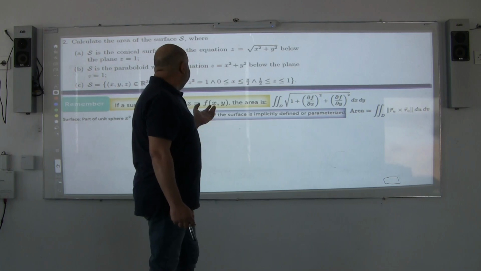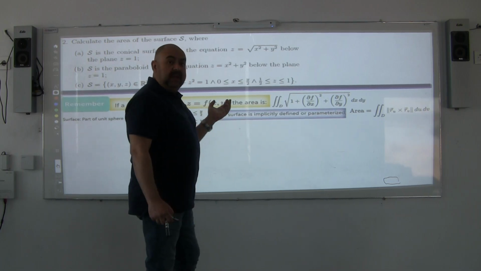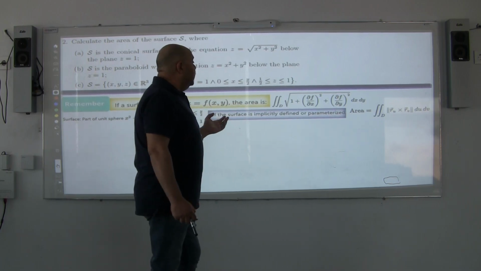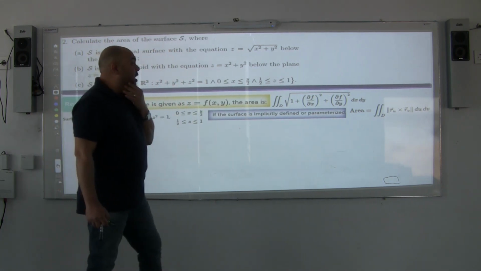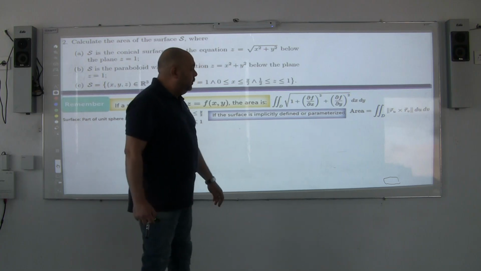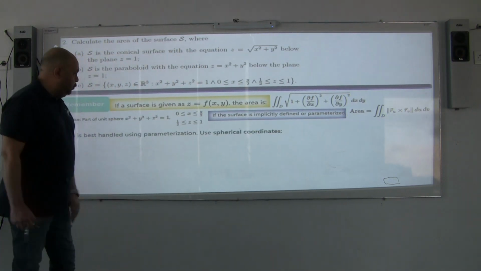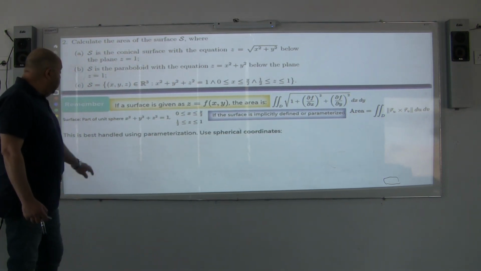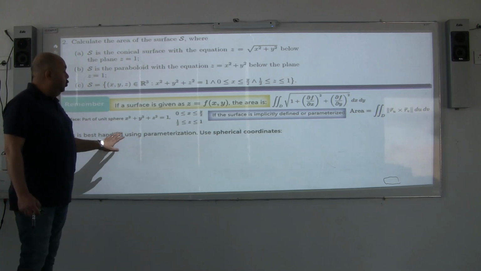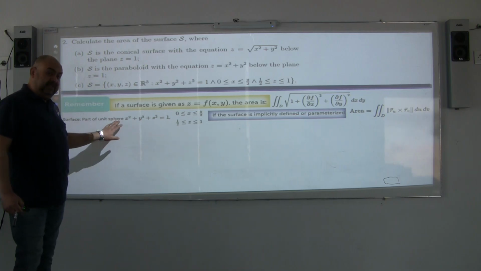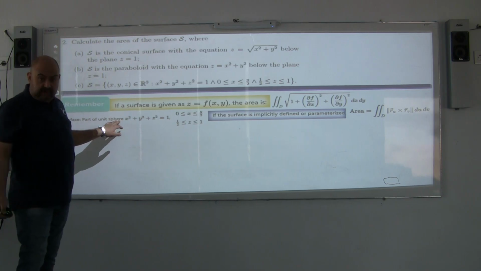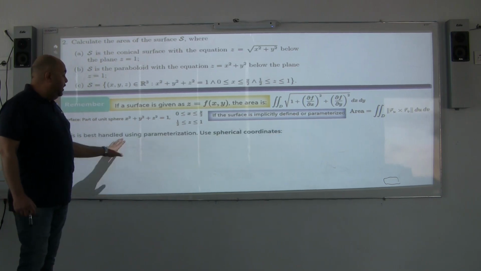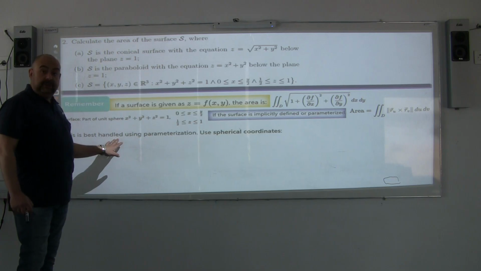I don't have the function z expressed as a scalar value or as a function in x and y. I believe going through this direction or the other one, as we talked previously. Let's do parameterization, because we are dealing with a spherical domain or a spherical surface, so it will be a very good idea to use spherical coordinates.